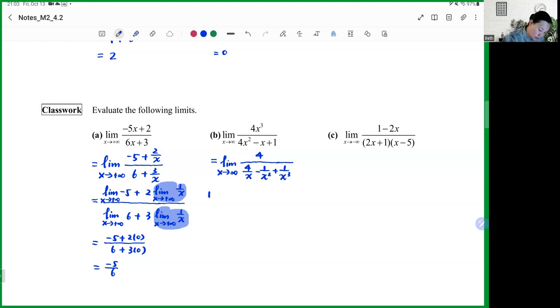So you say that when x tends to infinity, this value minus this value plus this value simply tends to 0. Therefore, I can say that the limit does not exist.